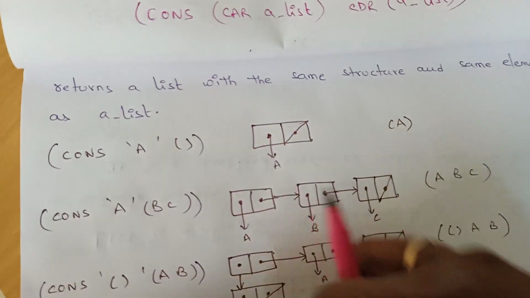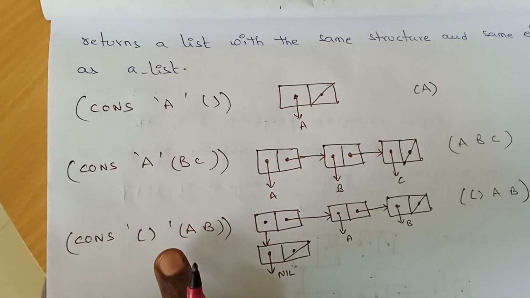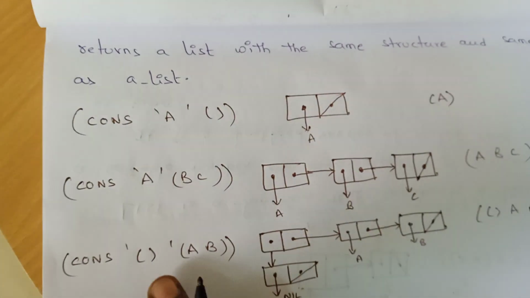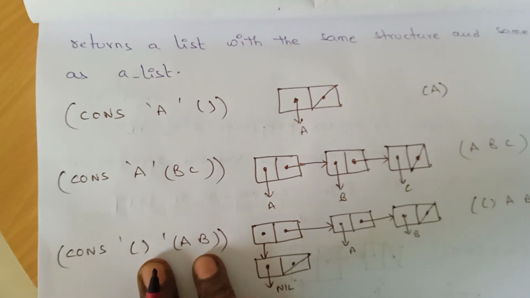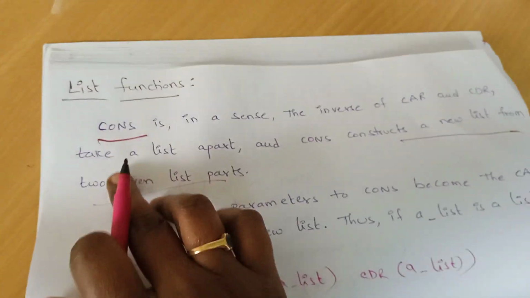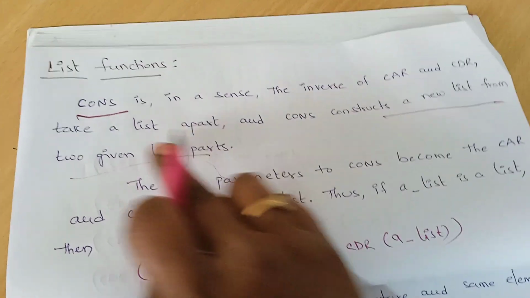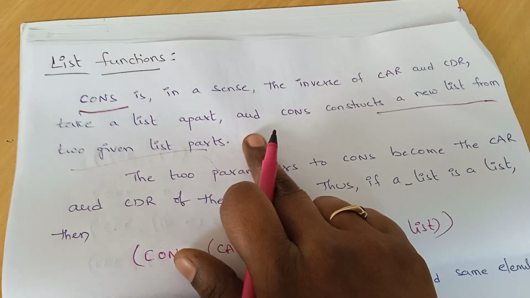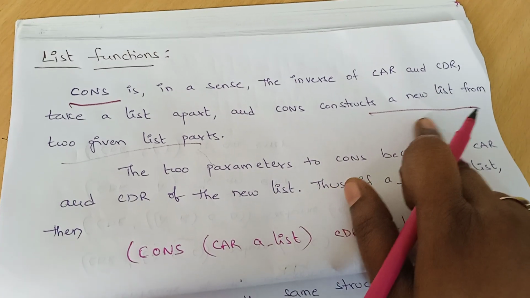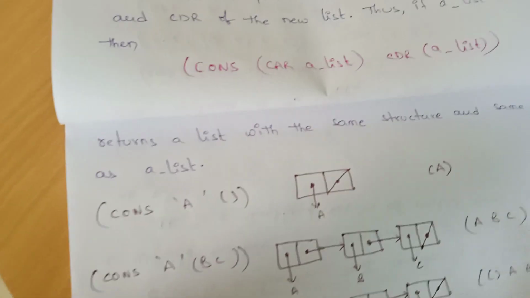Here we return these three as a new list. Look at this. In simple terms, CONS is the inverse of CAR and CDR. CAR and CDR take a list apart and CONS constructs a new list from two given list parts. So that is what CONS actually is.